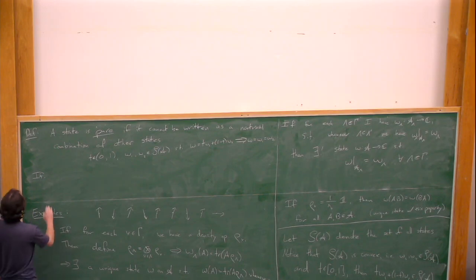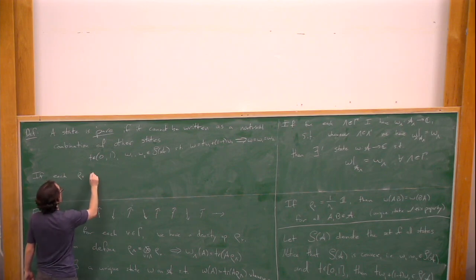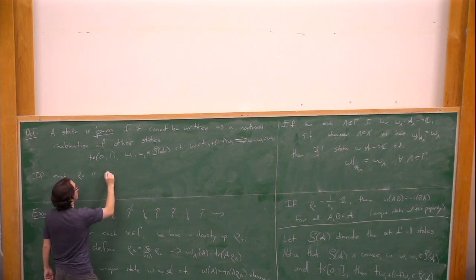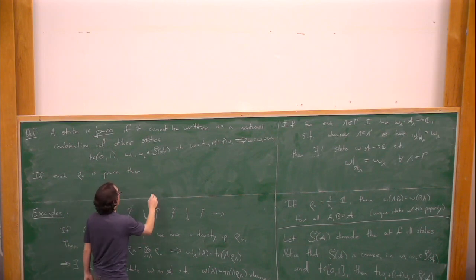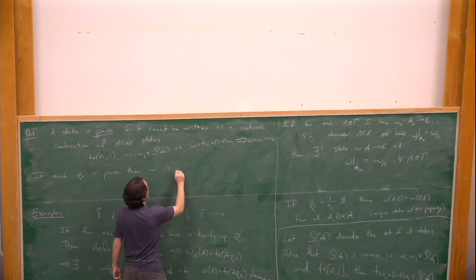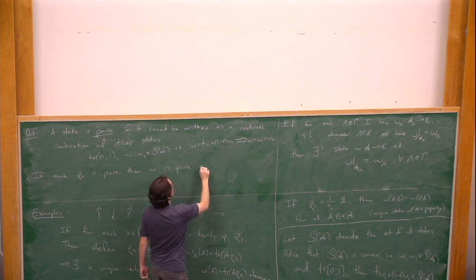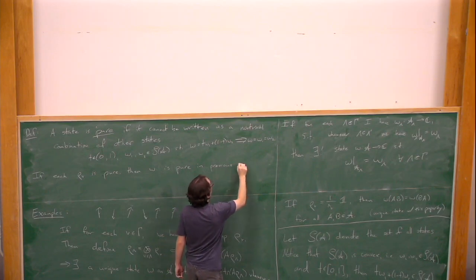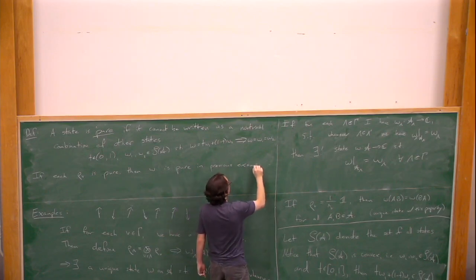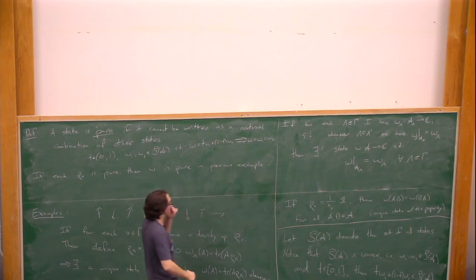OK, if each rho v is pure, then omega is pure in the example below, in the previous example. So that's one extremely simple way of generating pure states.